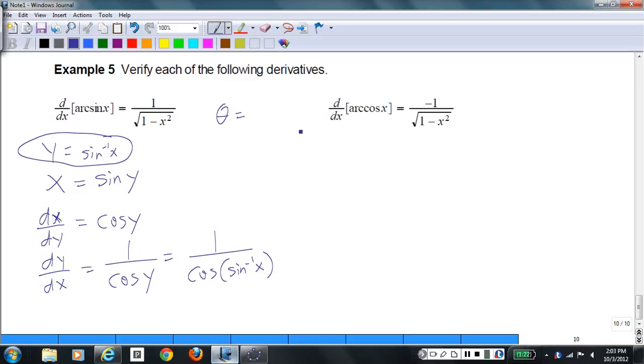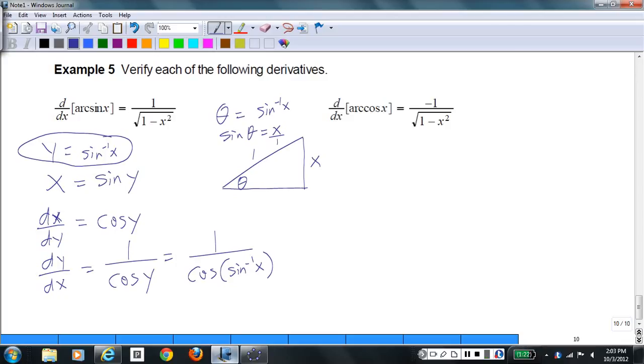We can actually do this with y, but sometimes we don't think of y as an angle. So I'm going to go with theta. Theta equals inverse sine of x, so the sine of theta equals x. So here's theta. And if the sine of theta equals, let's say, x over 1, let's write x as the side opposite and 1 as the hypotenuse.